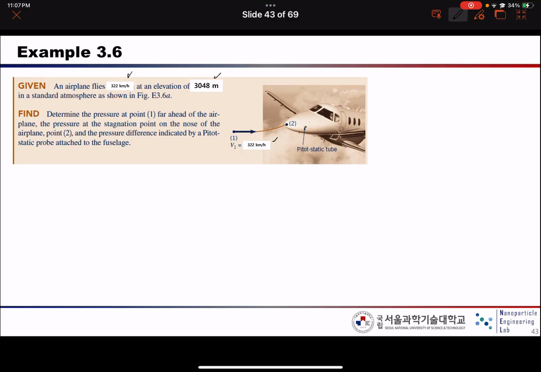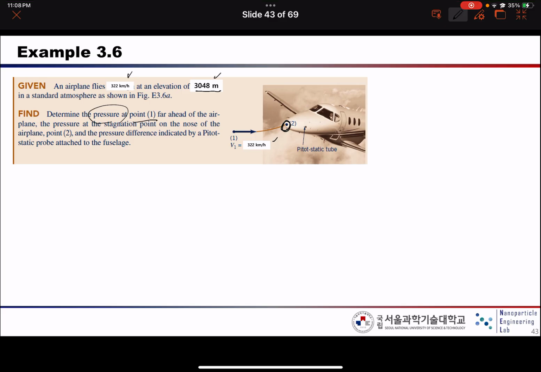Here is the given: the airplane flies at 322 kilometers per hour at an elevation of 3048 meters. We need to determine the pressure at point 1 for our airplane, the pressure at the stagnation point, point 2, of the airplane, and the pressure difference indicated by a static probe attached to the fuselage.